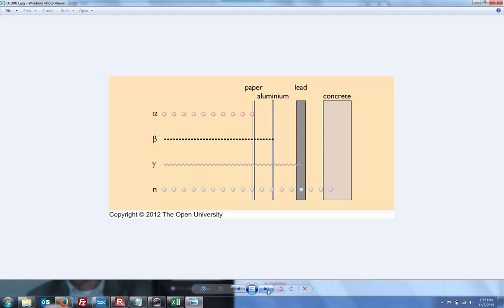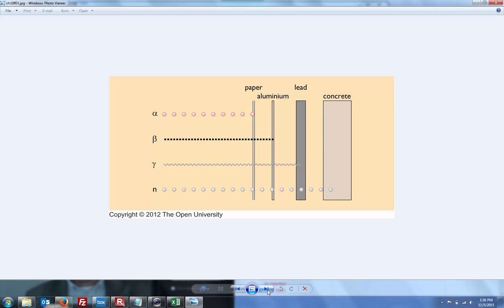There are four main types of radiation. Of the four types, only one of them is actually radiation. The other three are particles. So in the case of the alpha particle, that's the one listed up top. I'm just going to read that straight out of the book.